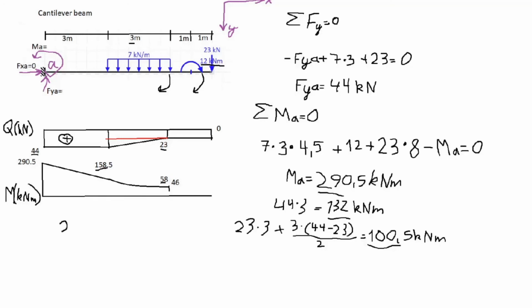And finally we have our final area, which has the height of 23 and the base of 2, which will give us 46. And 46 minus 46 is equal to 0. Again, in the shear force diagram, this is a horizontal line, and when we integrate that, it will turn into a linear line. But yeah, that's it for this video.